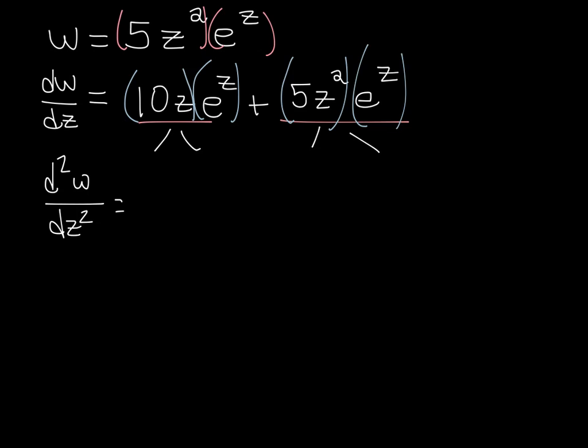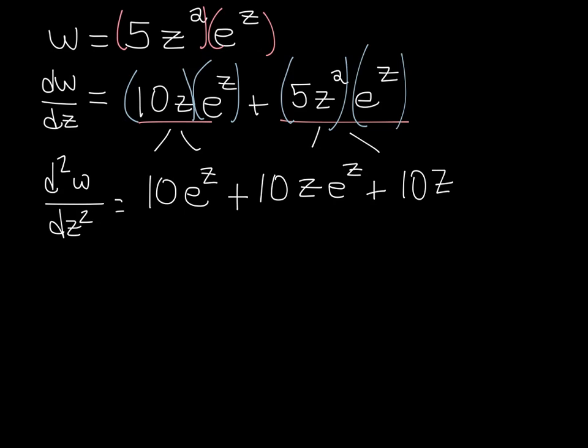So the second derivative says take the derivative of 10z, which would be 10, leave the e to the z alone, plus leave the 10z alone, take the derivative of e to the z, which would just be e to the z, plus take the derivative of 5z squared, which would be 10z, and leave the e to the z alone, plus leave the 5z squared alone times e to the z.